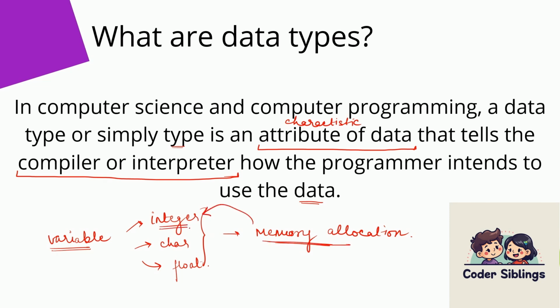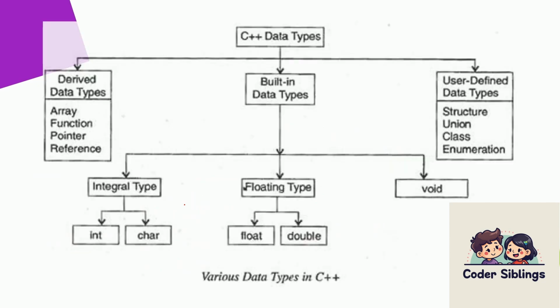So an integer will occupy certain bytes of memory, but a character will not necessarily occupy the same amount of memory, and a float will again occupy a different value in the memory. So the memory allocation of all these variables declared within a program depends upon the data type it is. So I hope what are data types is clear.